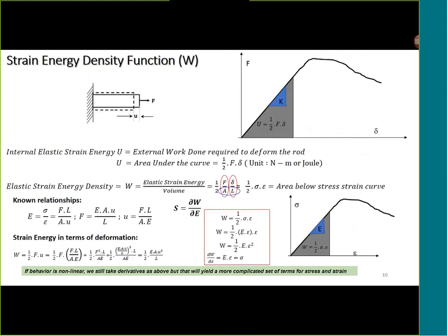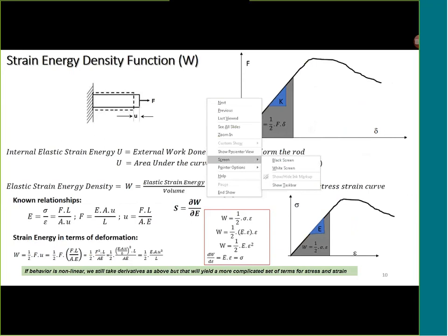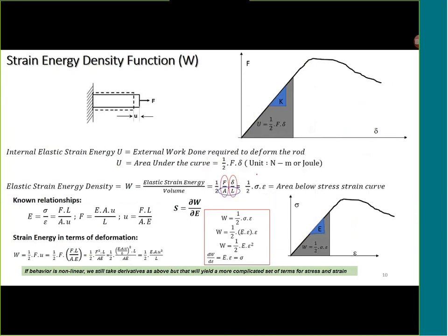What is the strain energy density function? It is nothing but the area under the load displacement curve. So one can write the area under the load displacement curve as a triangle. Then the area of this triangle is nothing but force into displacement, which is the strain energy.